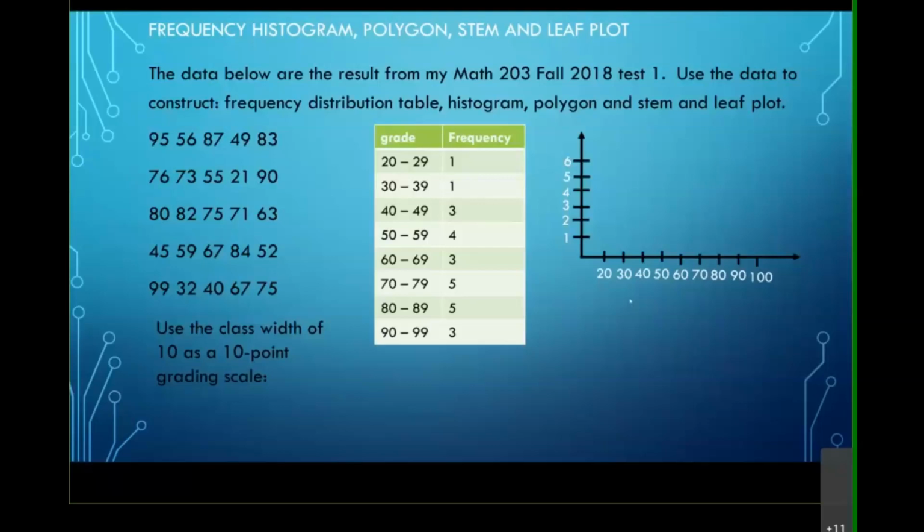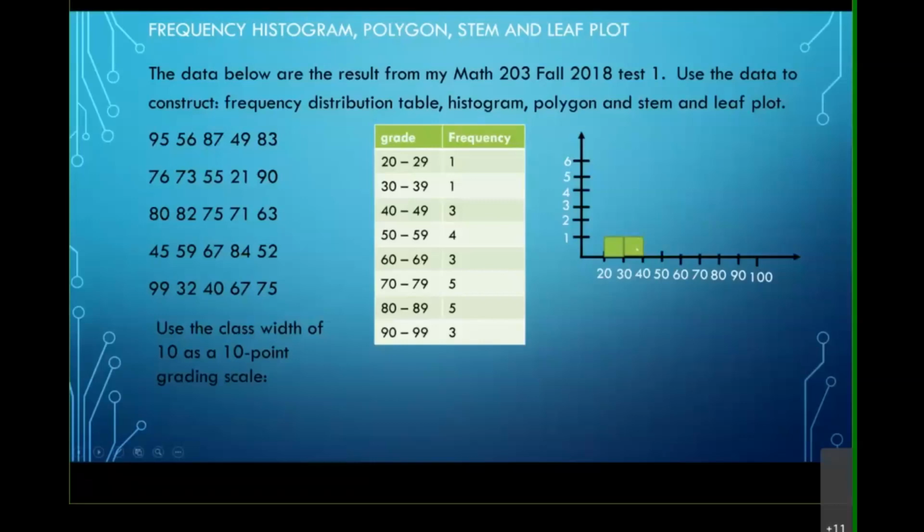So all you do is this: from 20 to 30, how big is the frequency? Because it's 1, you go from the bottom up to 1, you draw a line, and you give me the bar.